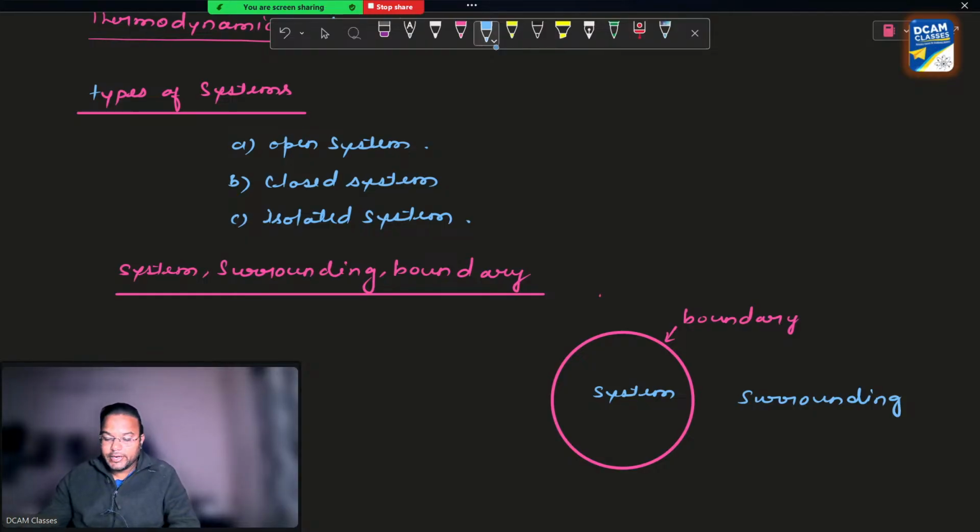Now there are three different types of system: open system, closed system, and isolated system. Systems are defined on the basis of energy and mass exchange.